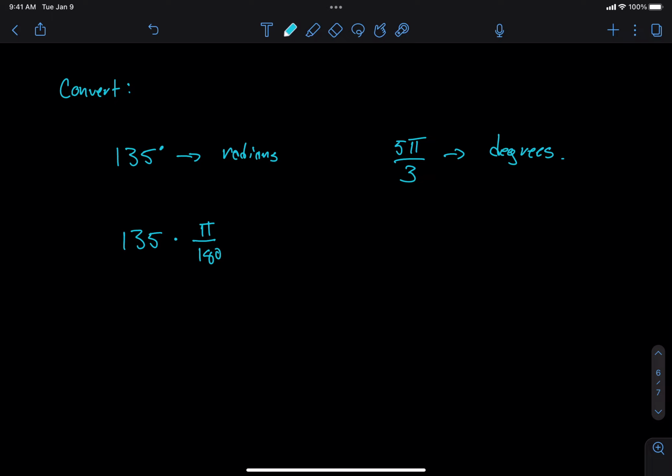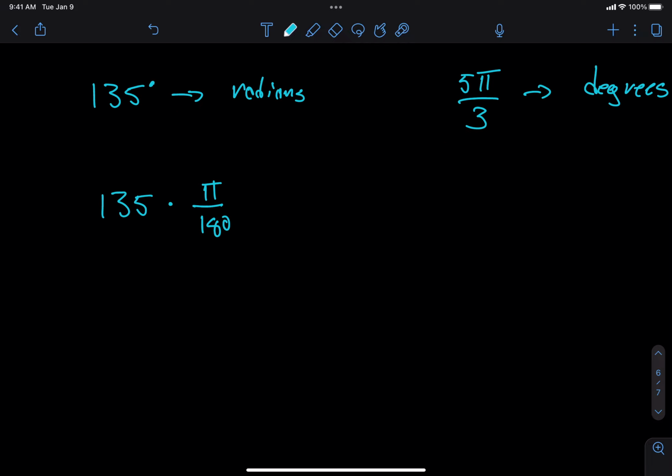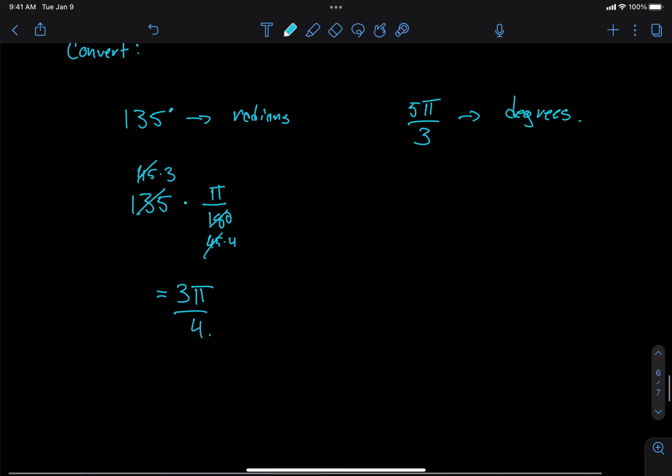So we multiply by pi over 180, and now we just simplify. You can rewrite this as 45 times 4, and this as 45 times 3, and cancel the 45s, and we get 3 pi over 4. Any questions on that?